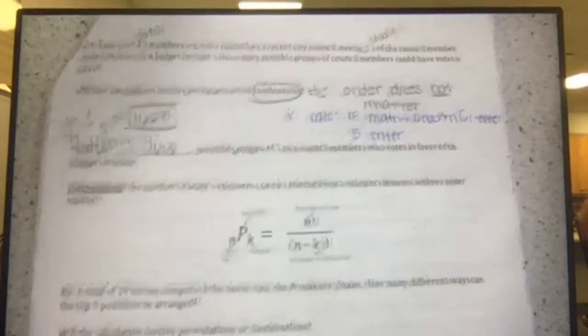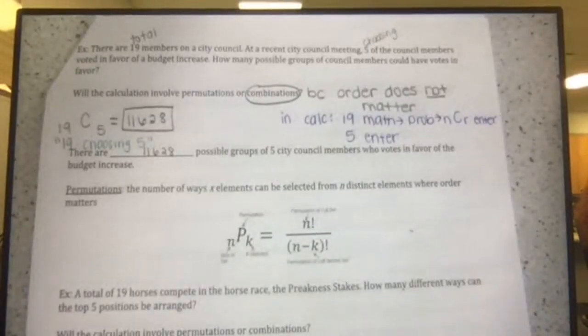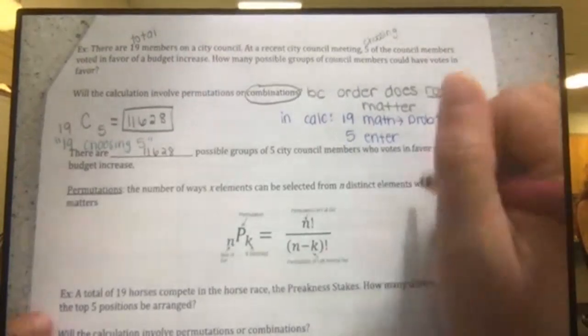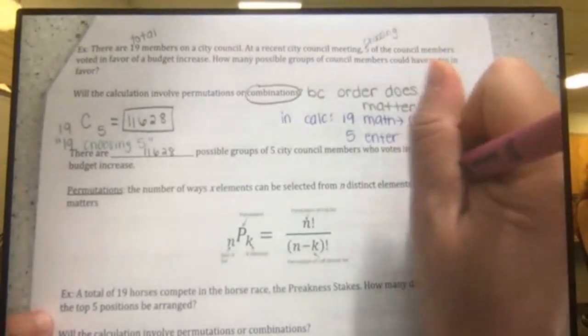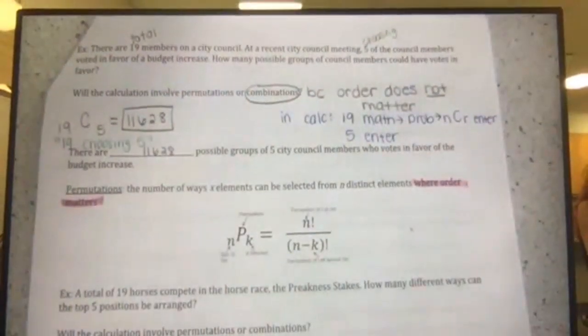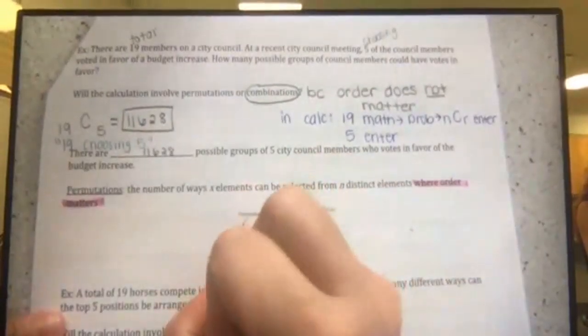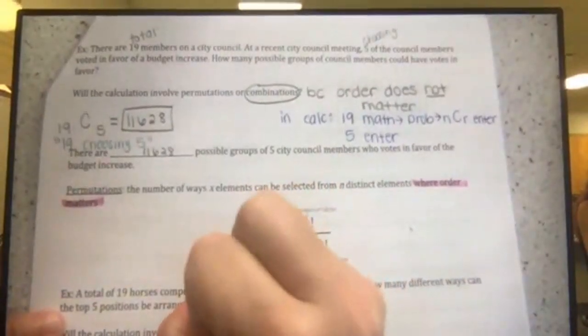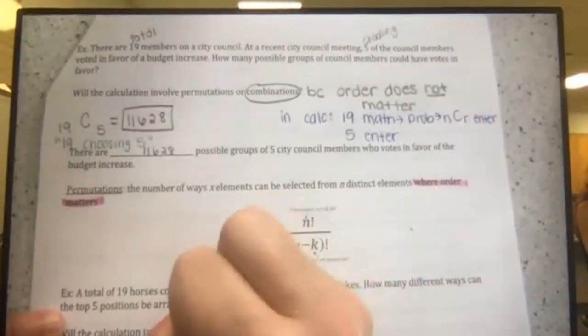Same exact concept for permutation. The only difference is now order does matter. So the number of ways to select x elements from n distinct elements where order matters. So here's our formula. Same concept. We have n, which is the size of this set, the bigger number, which is our total.